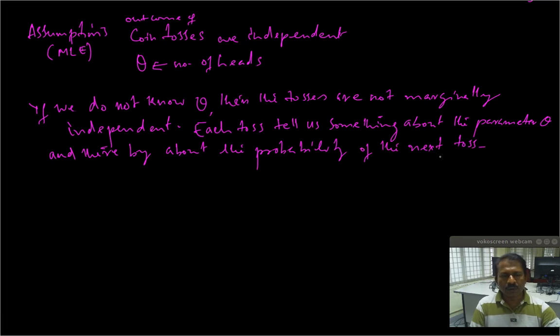So we are going to compute this. If you don't know the theta, then the tosses are no more marginally independent, and each toss tells us something about the parameter theta, and thereby the probability of the next toss maybe we can compute from this, right?